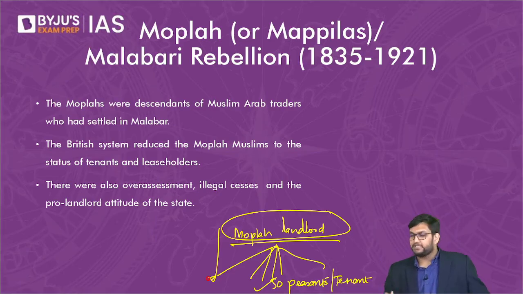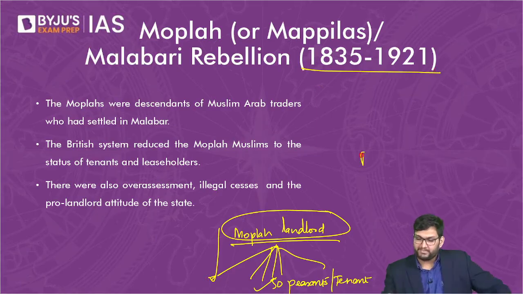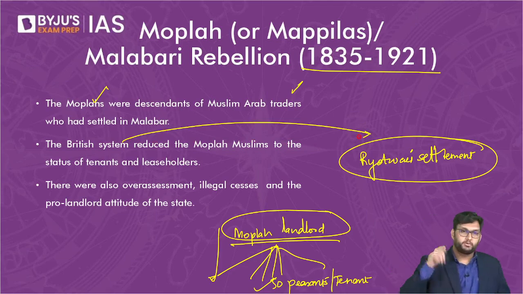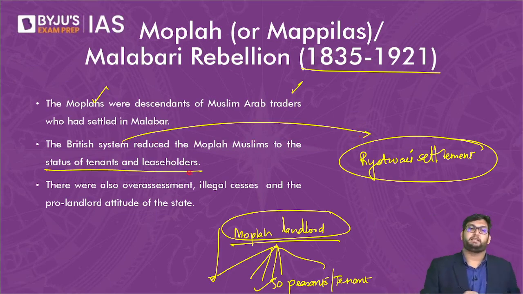That in turn became the reason why they rebelled multiple times between 1835 and 1921. It is the impact of the Rayatwari settlement that made them rebel against the British. So Moplas are descendants of Muslim Arab traders. The British Rayatwari system reduced them to the status of tenants and leaseholders.